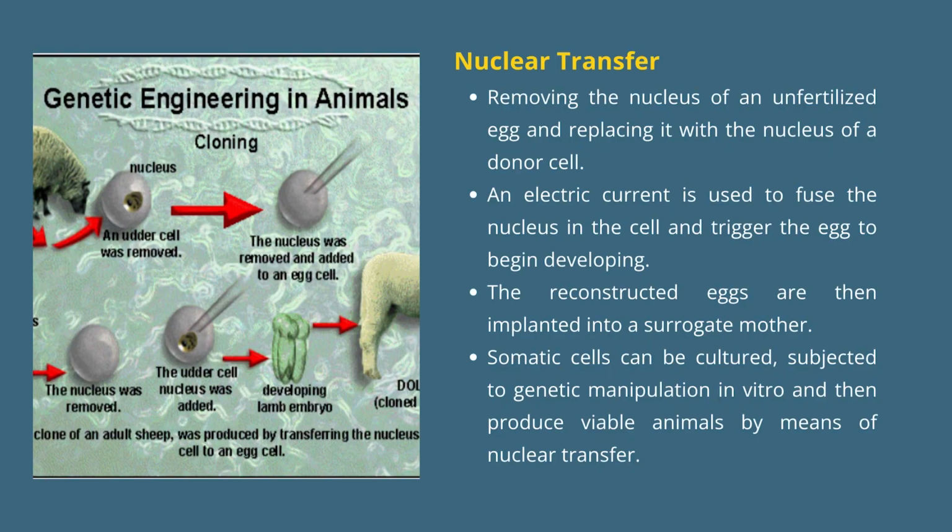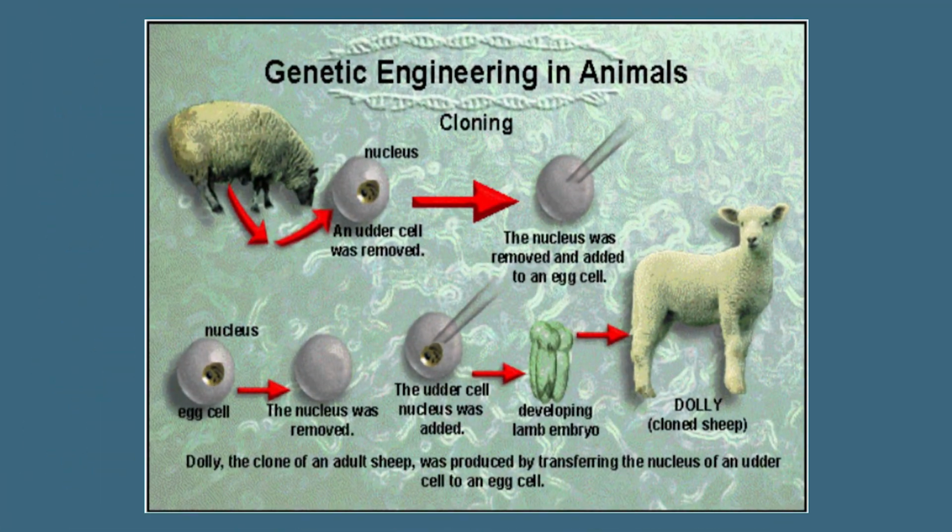The reconstructed eggs are then implanted into a surrogate mother. Somatic cells can be cultured, subjected to genetic manipulation in vitro and then produce viable animals by means of nuclear transfer. In this pictorial representation, you can see the genetically engineered or transgenic animals.